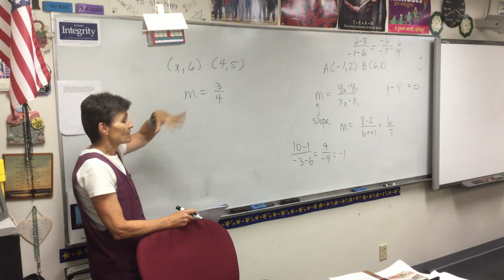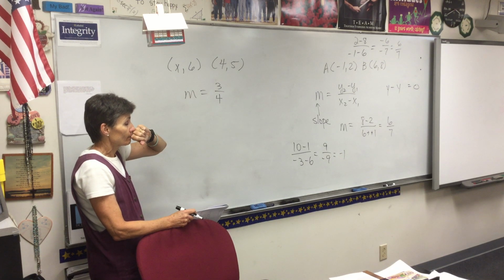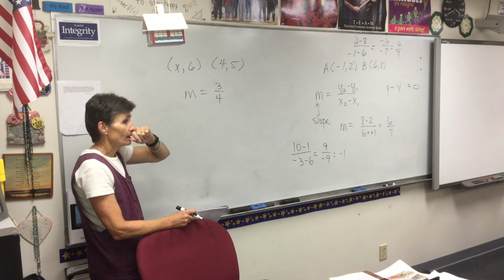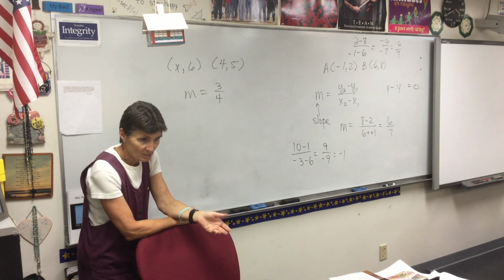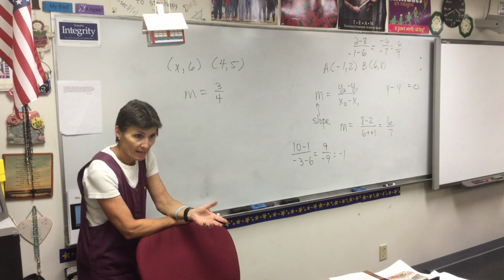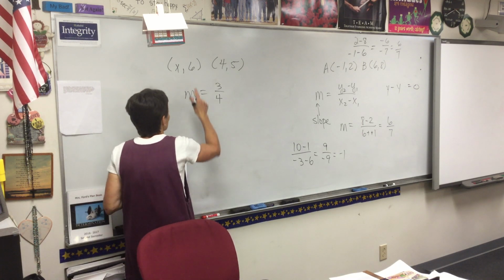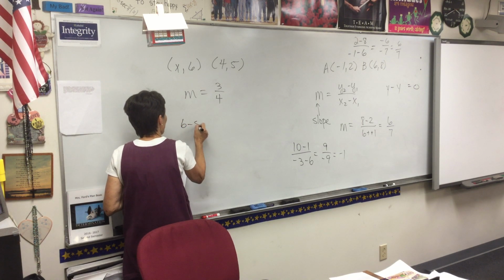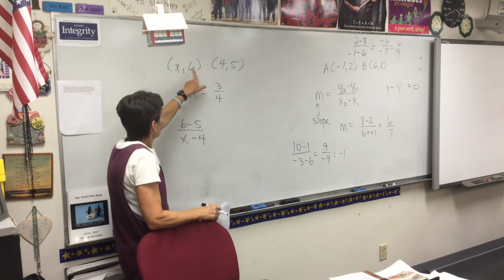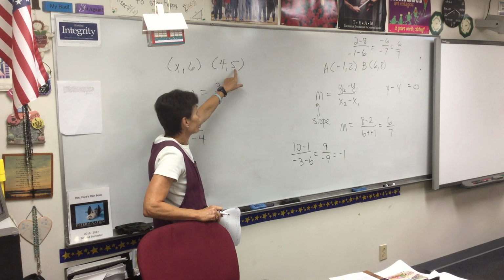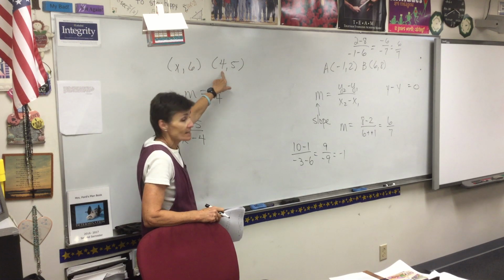But if you were listening to what Shiloh and Logan said, you know that anytime slope is involved, you're going to do y minus y and x minus x. So I'm going to do 6 minus 5 and x minus 4.